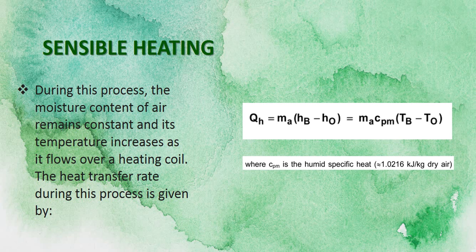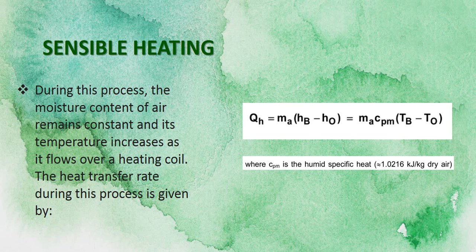Now, the humid specific heat, or we call this simply the specific heat, the average specific heat of air, and this is the value that you're going to use, is 1.0216 kilojoules, take note, per kilogram dry air.